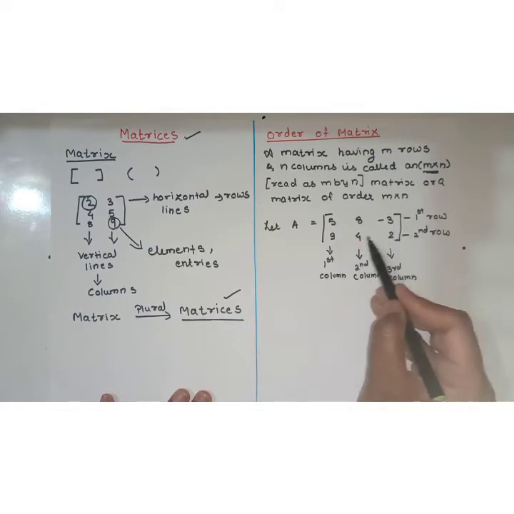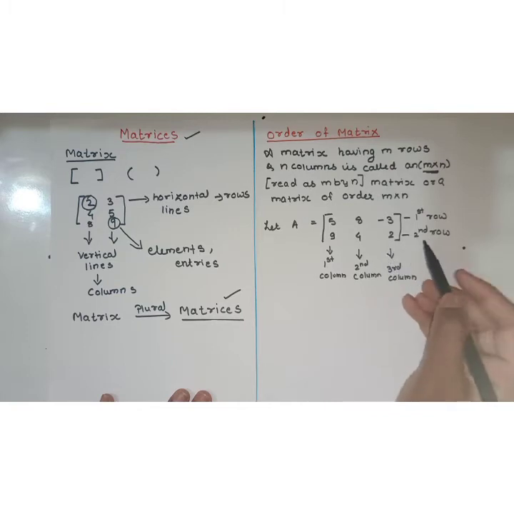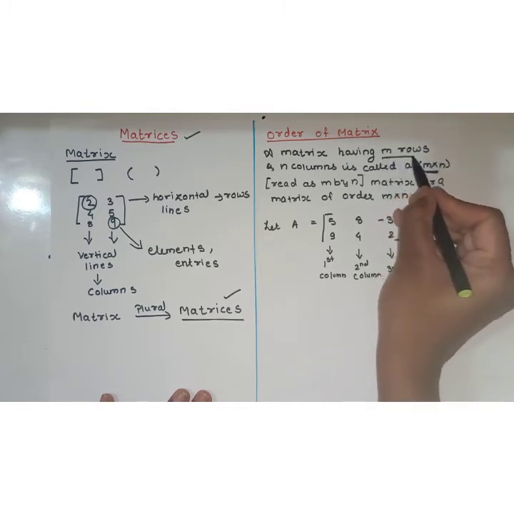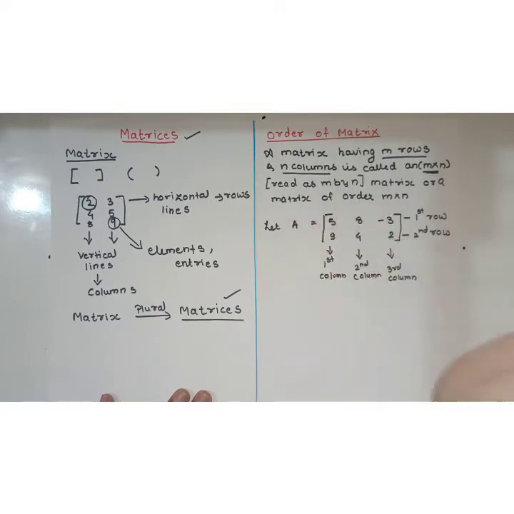The order of this matrix is what? As we are saying, we write it in the form of m rows and n columns.